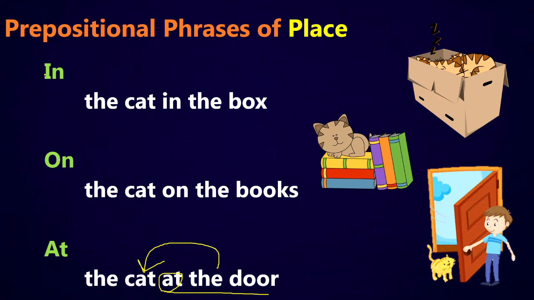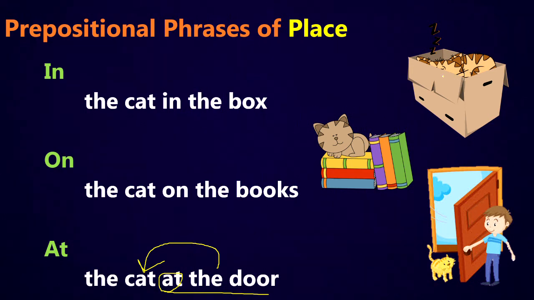In, on, at. These are three of the most common prepositions you'll see in English, in, on, and at. And they can be a little bit confusing. So what's the difference between them? So if we say in, we normally think of like a three-dimensional space, like in the box.